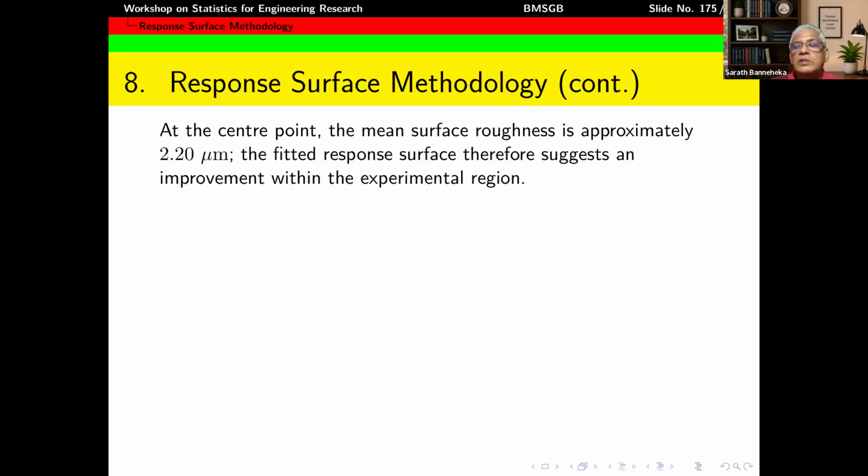So we found the actual minimum, better x1, x2 values for an even smaller roughness, right? At that point, we have not taken observations because we didn't know that was the minimum point. So what we had were some specific values, but using those values, you were able to find that the minimum would occur at a different point.